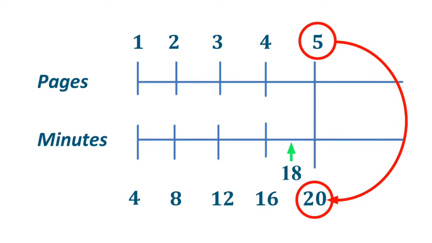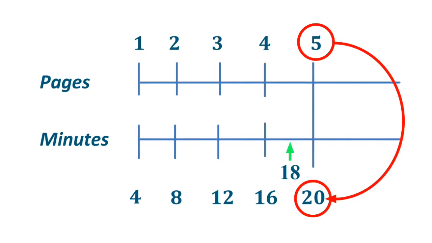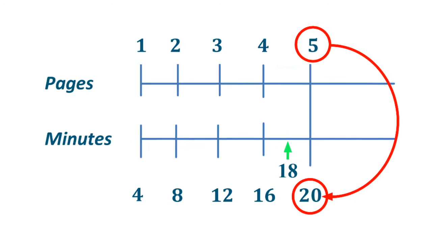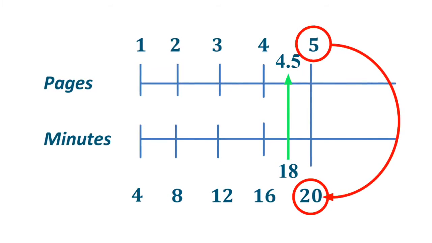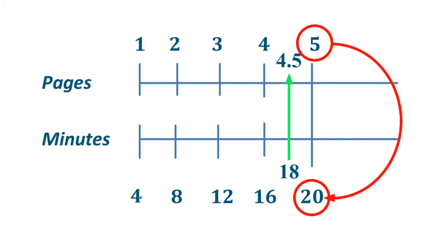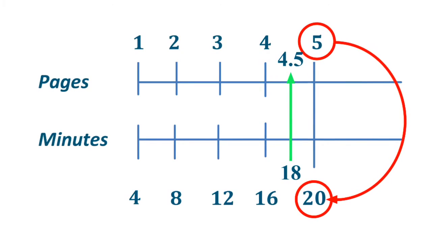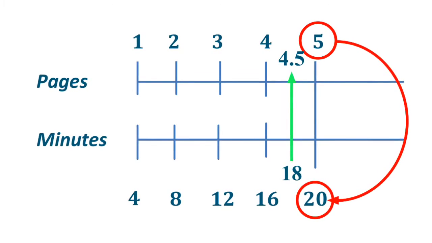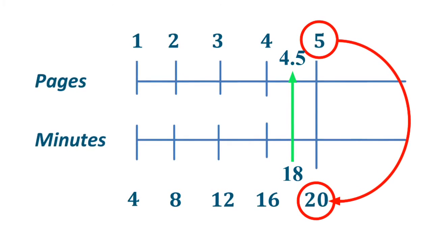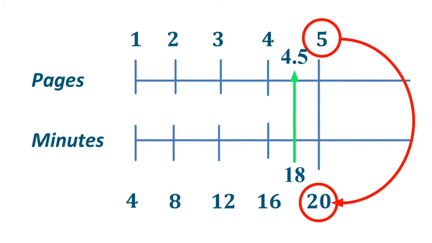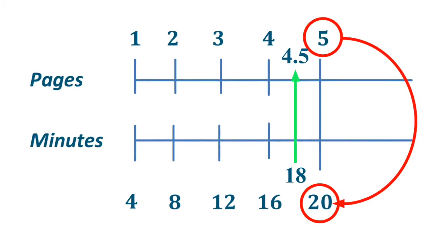And 18 minutes is somewhere between 16 and 20. In fact, it would be halfway between 16 minutes and 20 minutes. And 18, we can see, corresponds to exactly halfway between 4 pages and 5 pages, which would be 4.5. So she can't type at a rate of 5 pages for every 18 minutes. She can only type 4.5 pages every 18 minutes.